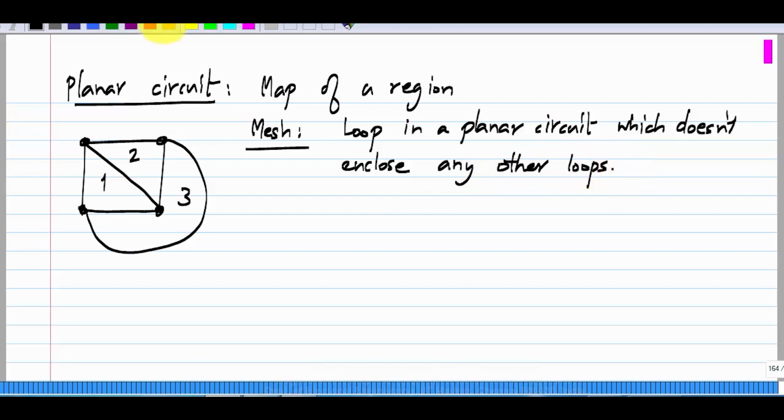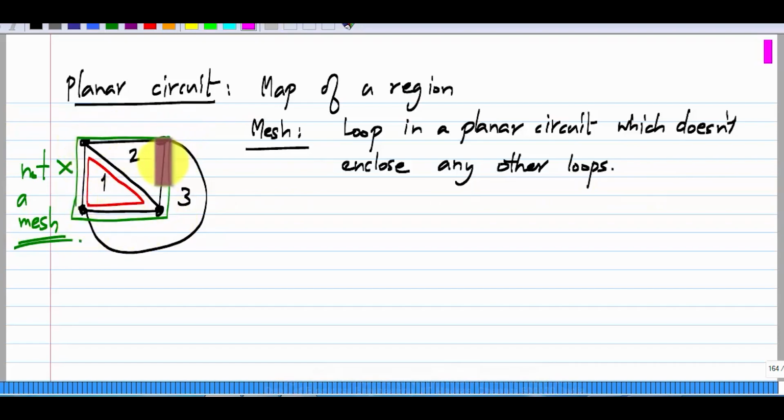For instance, this is a mesh, consisting of these 3 branches, this one, and that one. Whereas this is not a mesh, because inside this loop you have another loop.